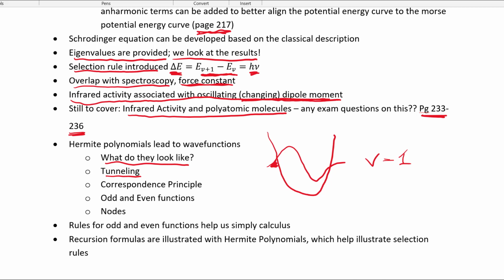We're also told about the correspondence principle, which basically says that the higher the quantum number we go, the more closely the system resembles the classical case. So as the quantum number for vibrations goes up, we start to see more probability, in fact, that the system resides at the point of highest potential energy, kind of similar to the girl on a swing.